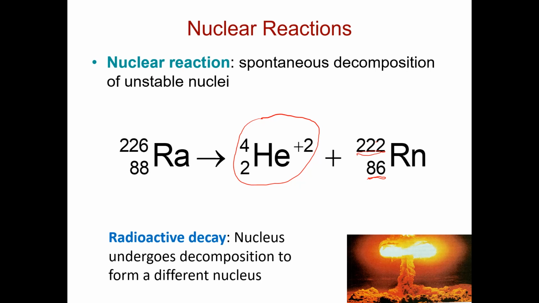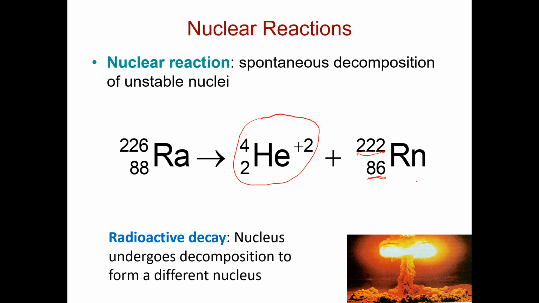So remember, our mass number is protons plus neutrons, so we have a total of 218 protons and neutrons left, and a total of 84 protons left. If you look up 84 on the periodic table, you will find that is polonium. So this is an example of an unstable nucleus because we have such a large nucleus breaking down into smaller nuclei to be slightly more stable.